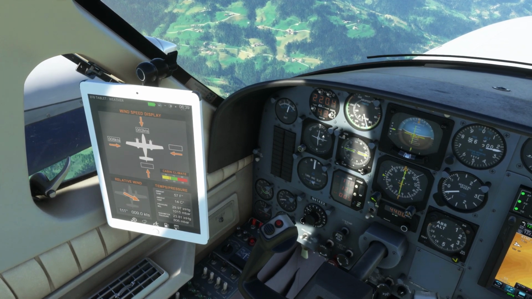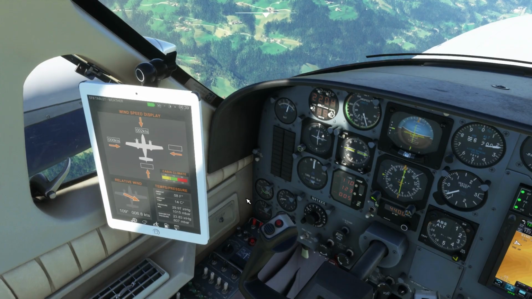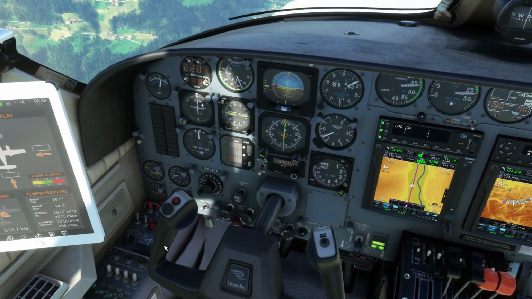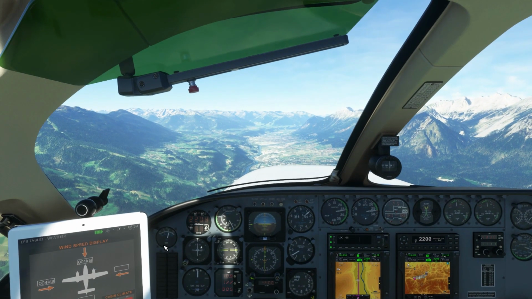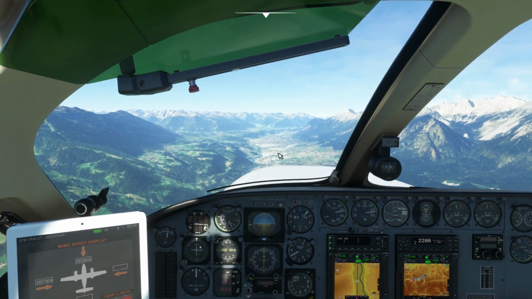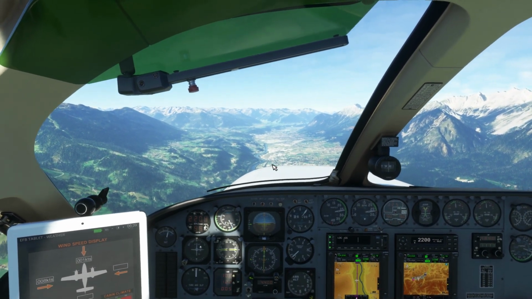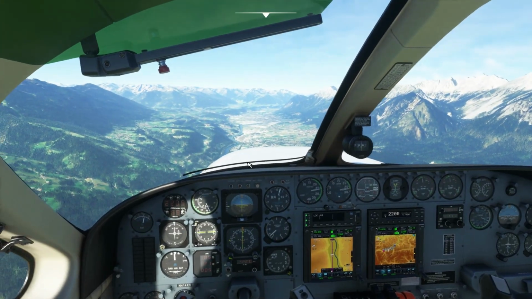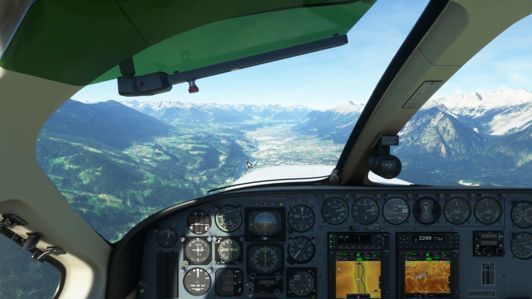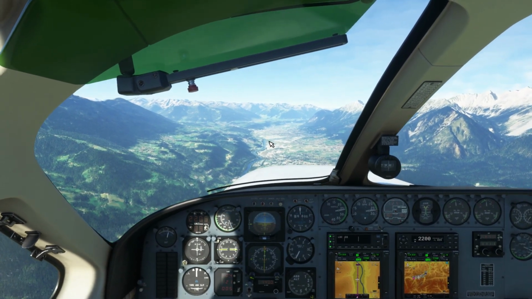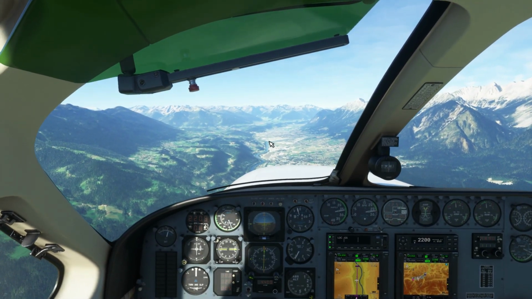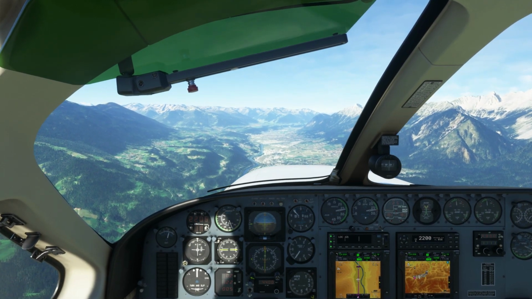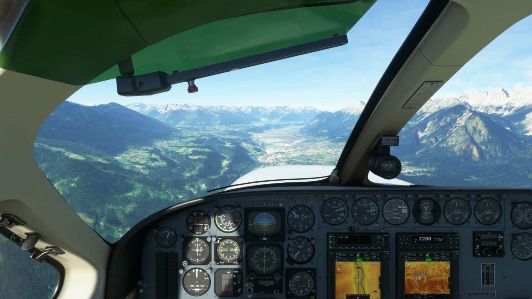Let's decrease the rate and let's prepare pumps for a go around. Okay, I don't need this anymore. I will have to land it manually, so oh, the speed has gotten out of hand.